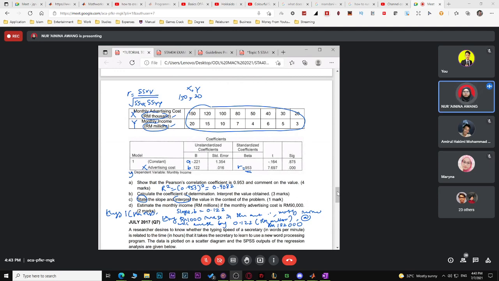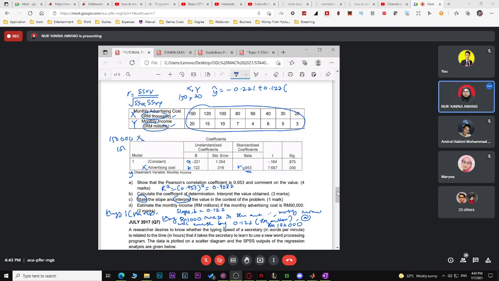And for D, estimate the monthly income in million if the monthly advertising cost is 90,000. So yang ini you kena careful since you know that the data is dalam macam ni. Okay, dia tak convert lagi. So in this case, bila you nak substitute into your equation, so your A is negative 0.221. So bila you nak substitute the value dekat dalam sini, since you know that the data ni dia bukannya 150,000 tu, bukan, dia hanya tulis 150.